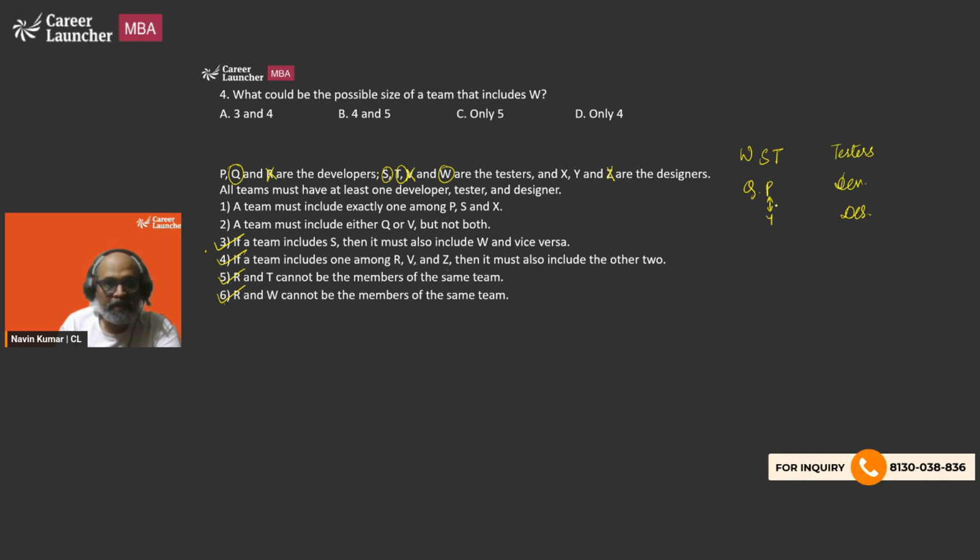And if you don't bring in a P, okay, the thing is S is already there, so we cannot bring in P or X because we can only have one of them. So this is a scenario where we cannot have a designer. Okay, designer X cannot come because S is already there.